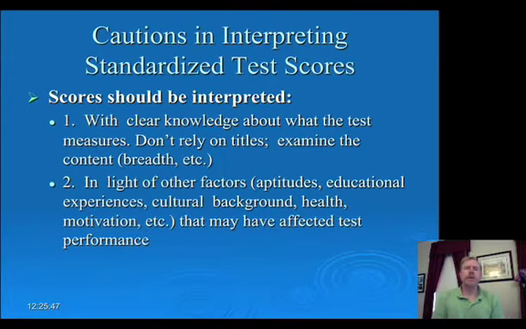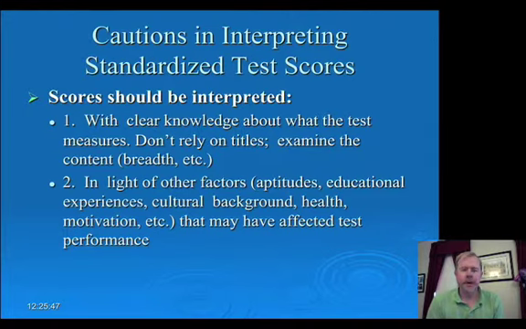So, a few cautions and then we'll wrap up. Scores have to be interpreted with a clear knowledge of what that test measures. You can't rely on the title of a test. Because it says it's a test of mathematics achievement, you have to look at the items in the test to know what it actually measures.